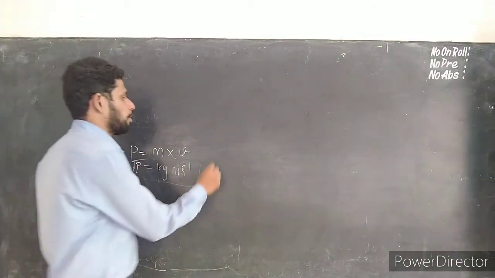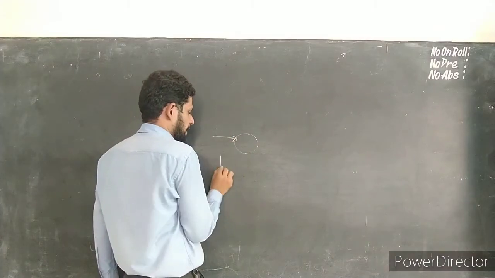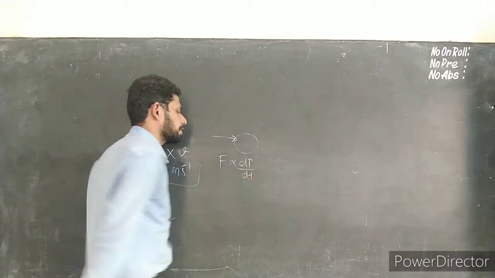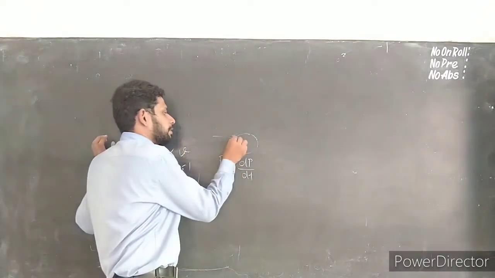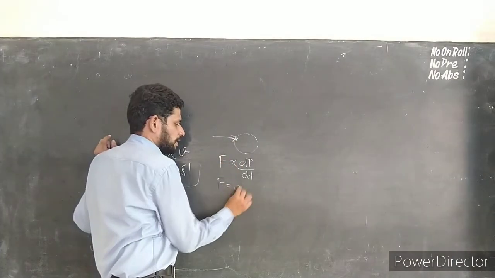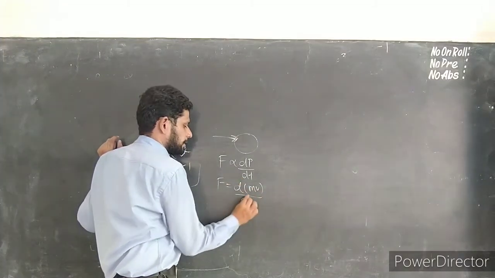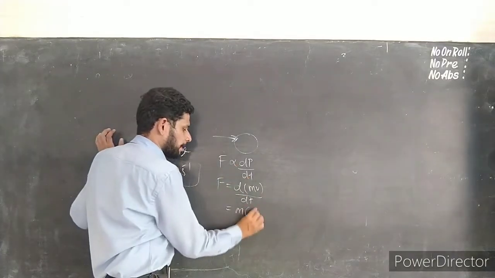So when a force is acting on any object, it is directly proportional to the rate of change of its momentum. When you have derivatives, you introduce a new constant: F equals d(mv) by dt. Here m is a constant, the mass of the object, so F equals m dv by dt.